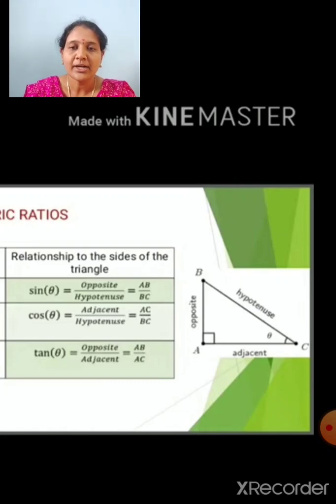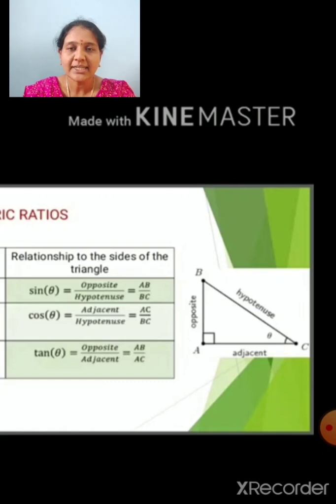Next formula. Cos theta is equal to adjacent side to theta by hypotenuse. Which is the adjacent side in the figure? AC, and the hypotenuse is BC. Next, tan theta is equal to opposite side to theta by adjacent side to theta. Observe properly, children. What is the opposite side to theta?